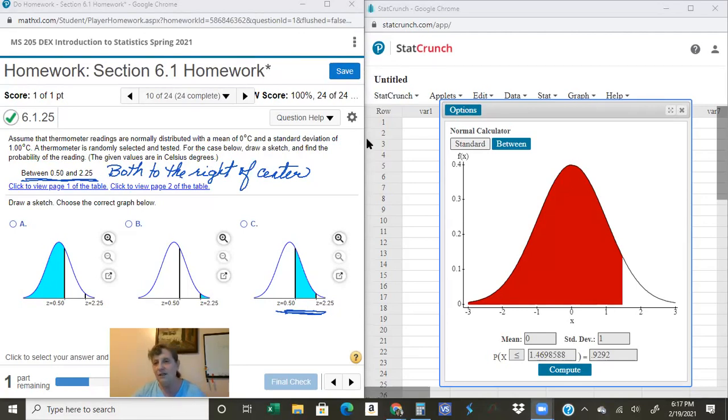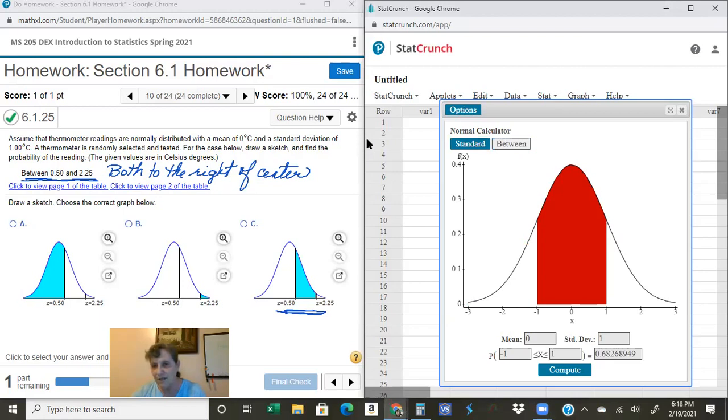Over here in my calculator, I want to go from standard being lit up to between. The one that is light, the one that has a white background, is the one you're using right now. So notice that with between, all of a sudden I have an area that has two boundaries, one on each side. So the mean is still 0, standard deviation is 1.